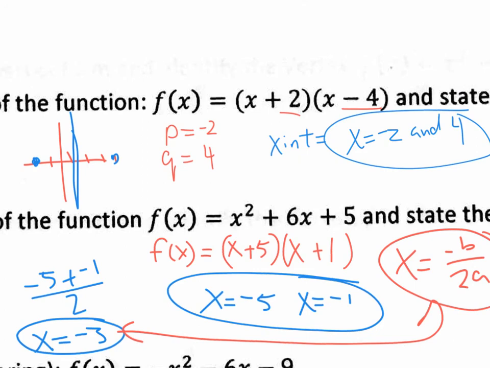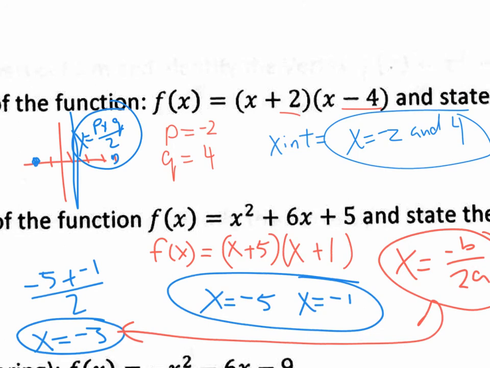Now you don't want to actually draw it and count where's the middle. The easiest thing to do is to simply add your two x-intercept values, add the negative 2 and the 4, and then divide by 2, right? So if you do the work p plus q divided by 2, that'll give you your axis of symmetry, which would be your x equals equation.